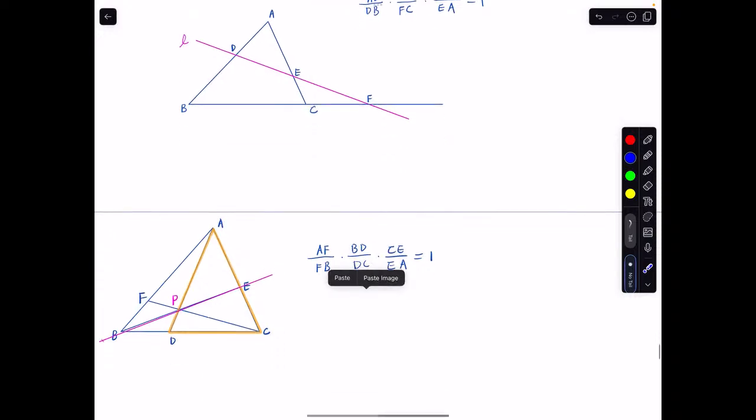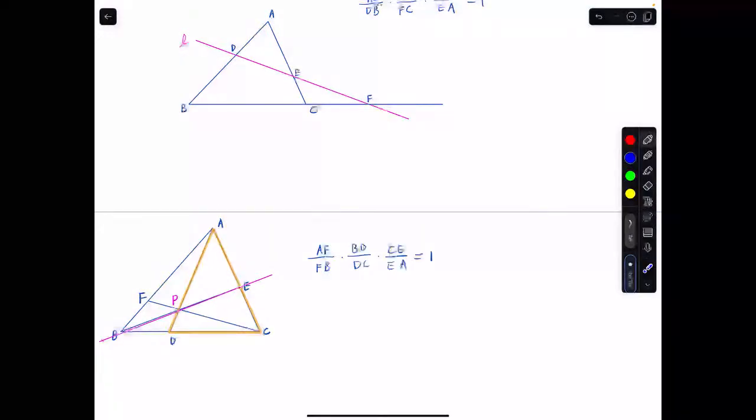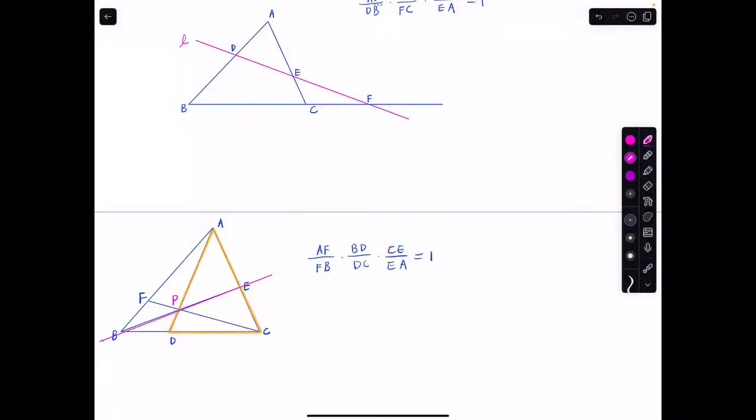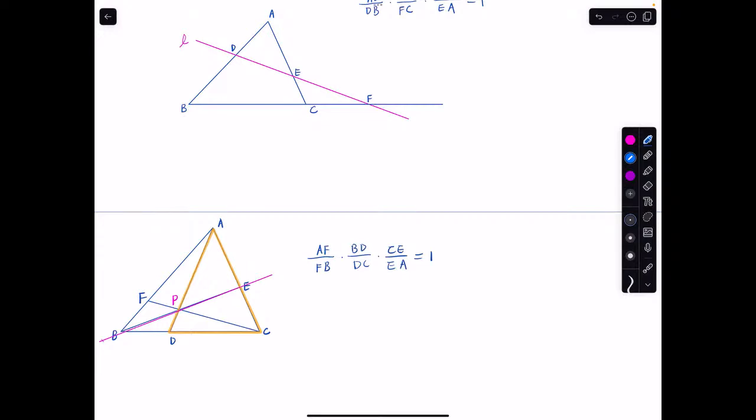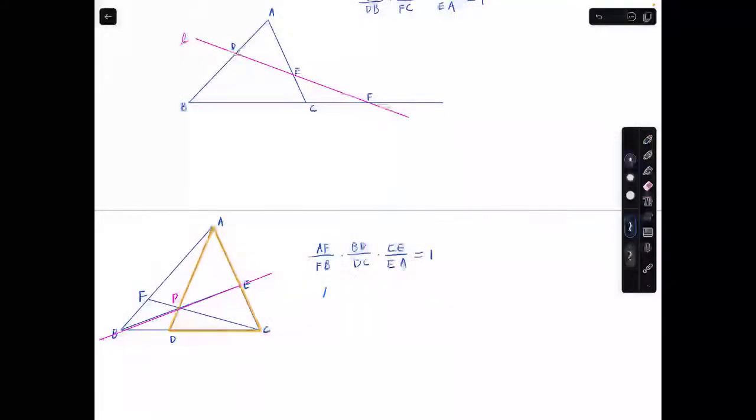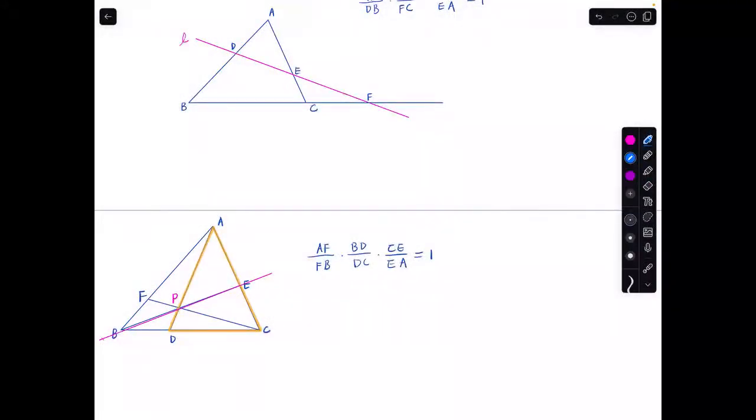Now we want to prove this. From Menelaus's theorem, with this triangle, we can write AE over EC. So what do we have for this triangle here?